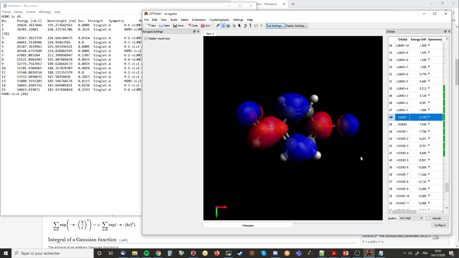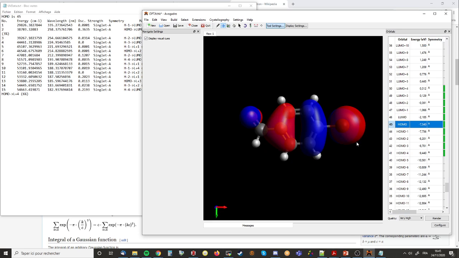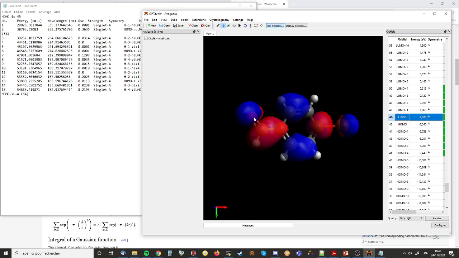So there is an electronic displacement from the bromine to the carbonyl. Okay, and why do we have different colors here? I know they are like different signs, but what is the nature of it?